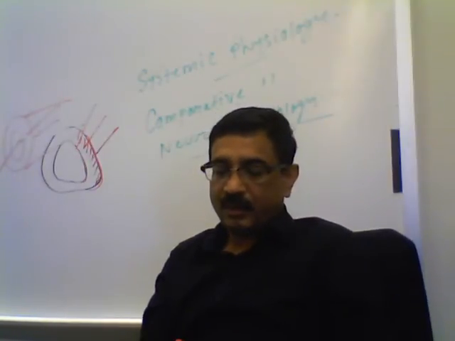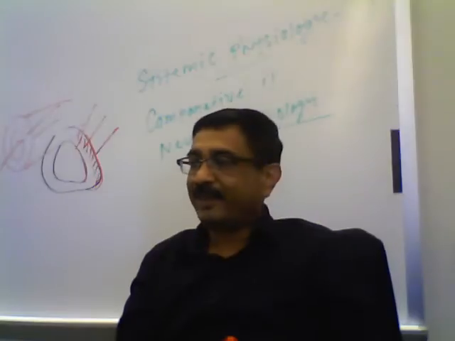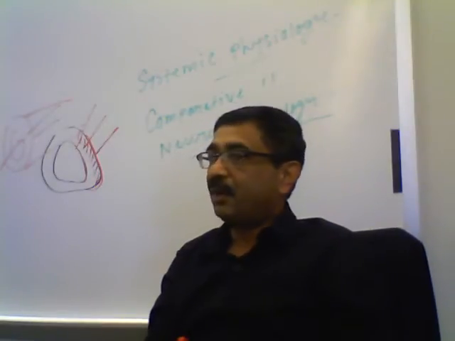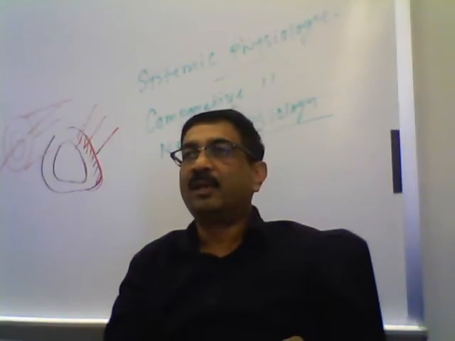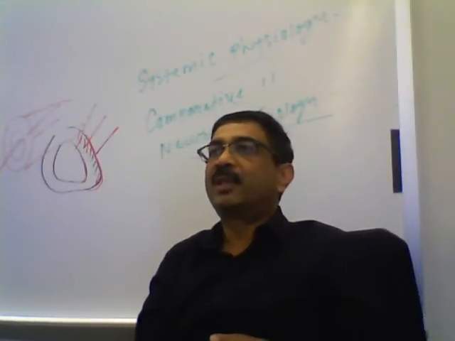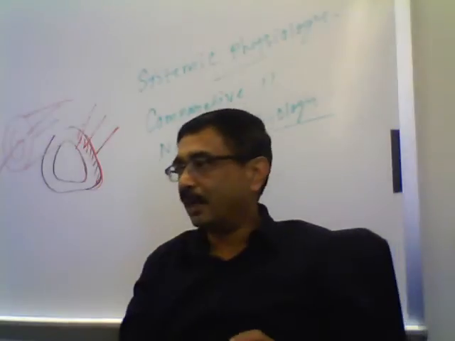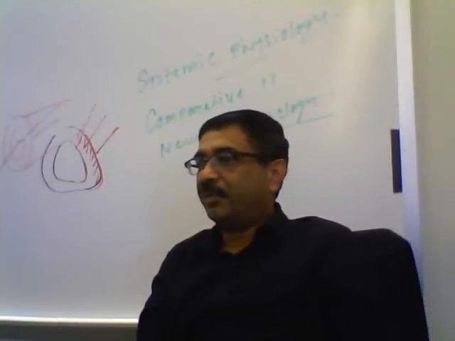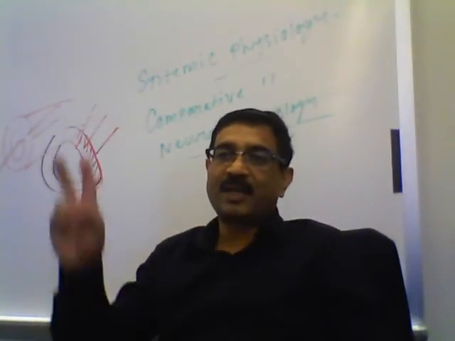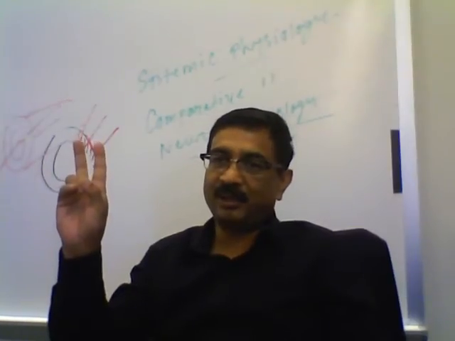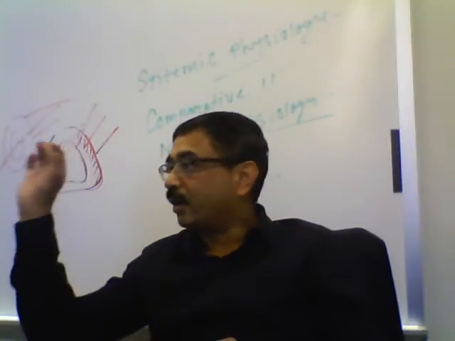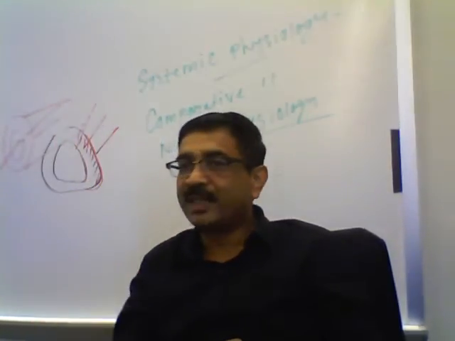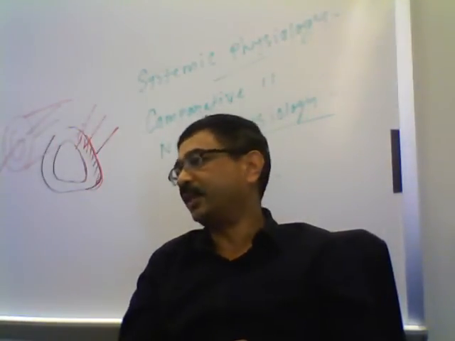Now, as you know, we have 11 systems in our body. In the next few slides, I'll go over those 11 systems one by one. Briefly, there are two things I will mention, and you have to remember: the important organs of each of those 11 systems and their important functions.